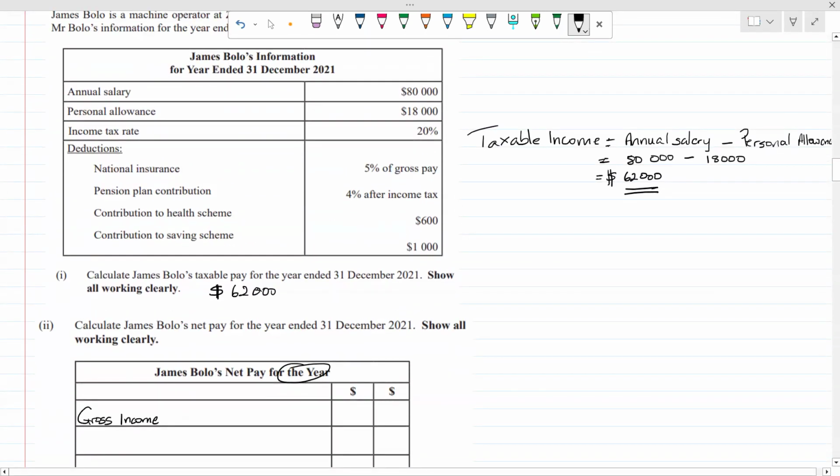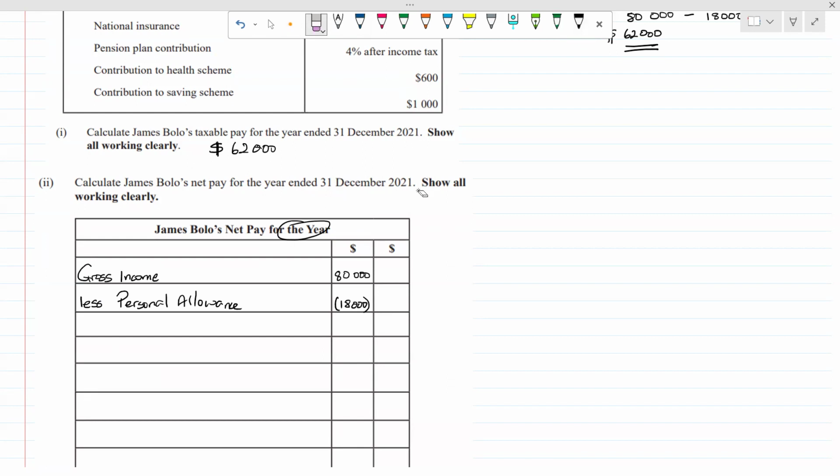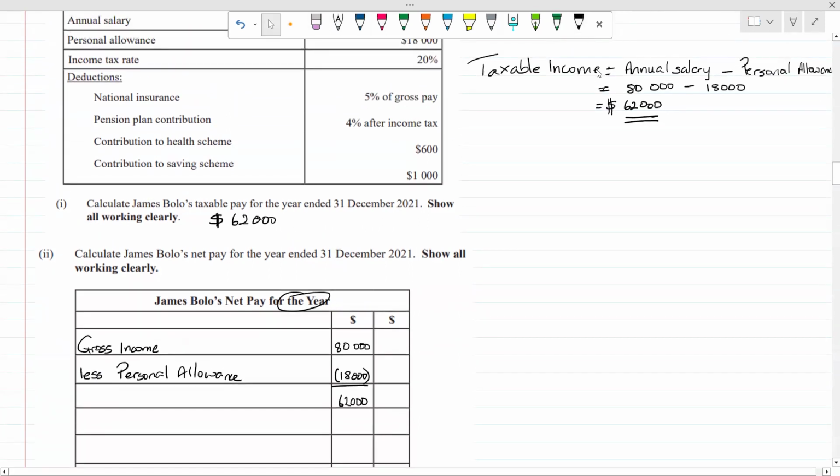So, we're going with $80,000 less personal allowance, which was 18,000. Right? Let's leave this. Say that's $62,000. Right. So you're coming on the road now. So he has income tax.